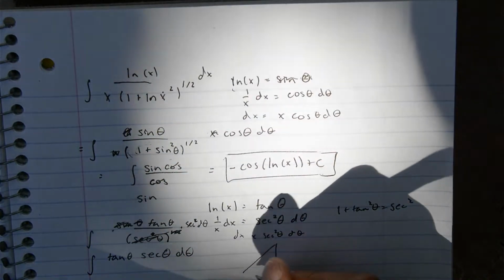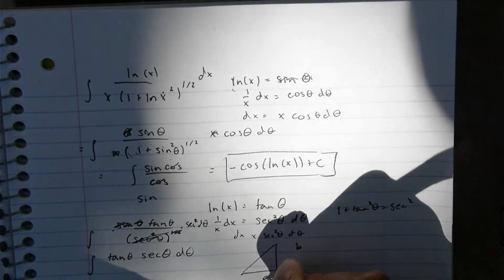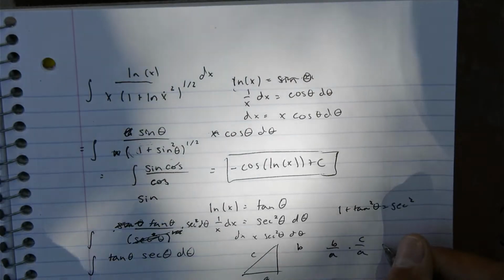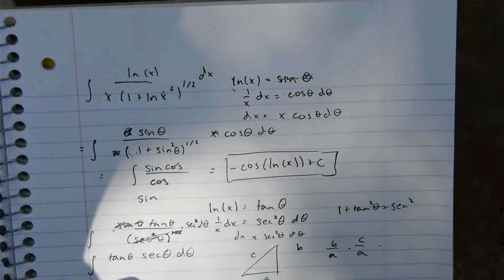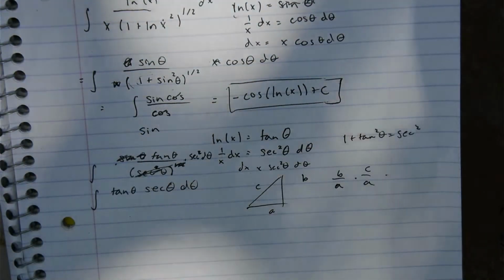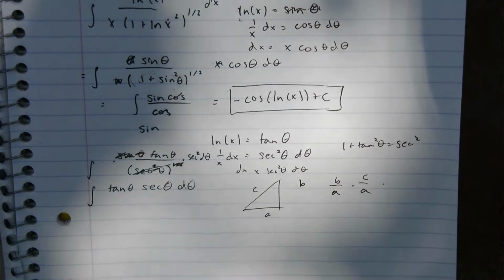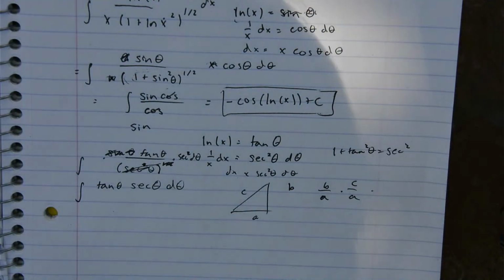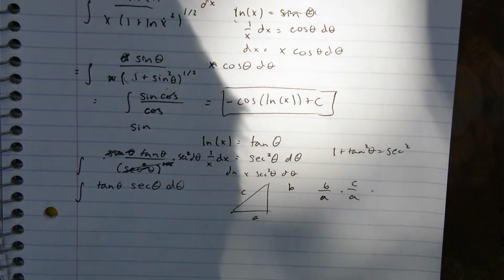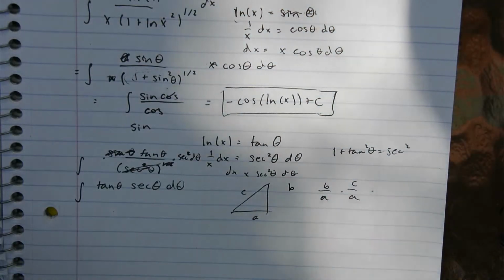But if this is b over a times c over a, I don't really know what you can do with that. I feel like there's probably something you can do with that, but I'm gonna just see what that is.